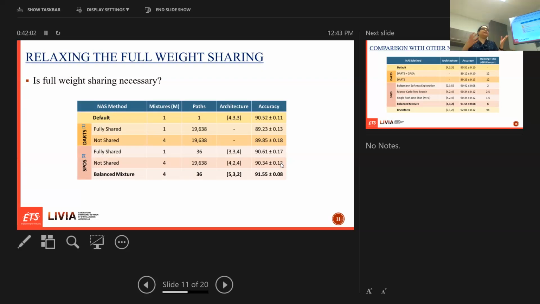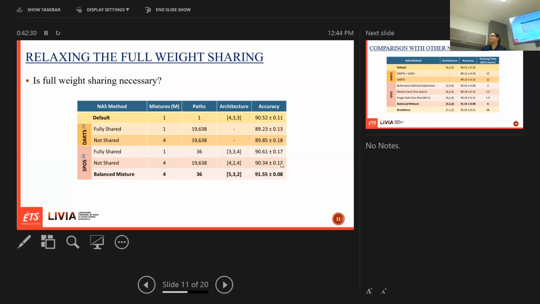Basically, yes, what we expect is that if we do not share the weights, we would have better performance because we simply have more parameters to train, right? But we can see here that it does not really get any gain. But maybe it's a bit misleading, because not sharing doesn't mean that it's not shared at all.